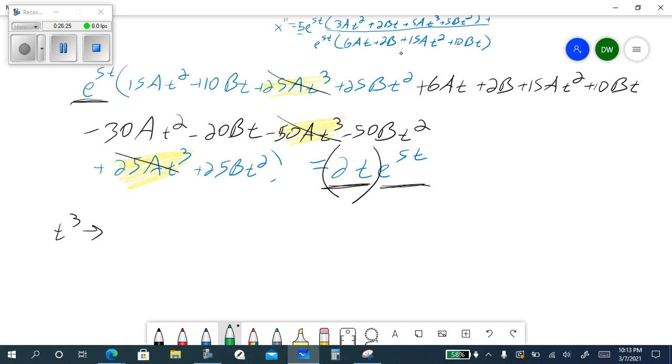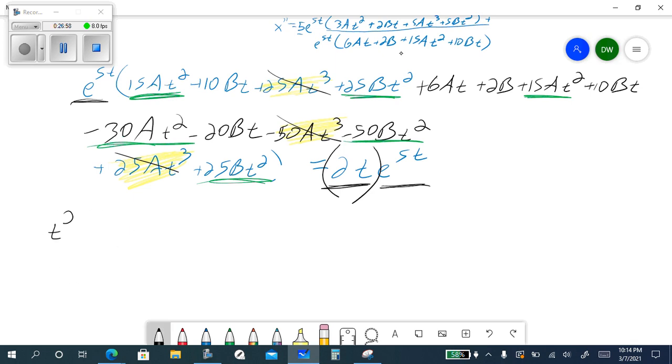Now let's look at the t squared terms. We have a t squared term here, here, here, here, here, and here. Oh, we have to be careful because some are a's and some are b's. So we didn't have any t cubes.